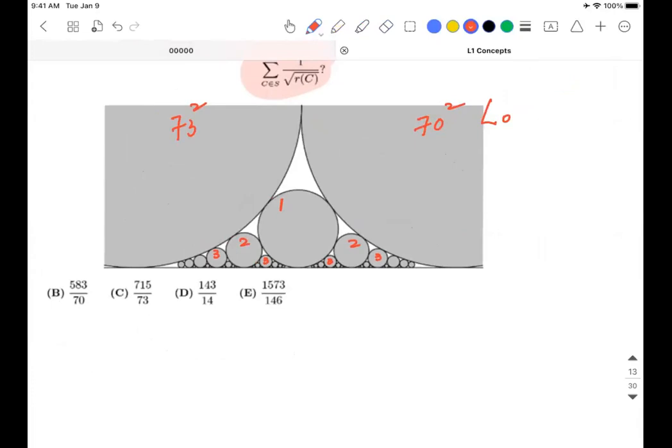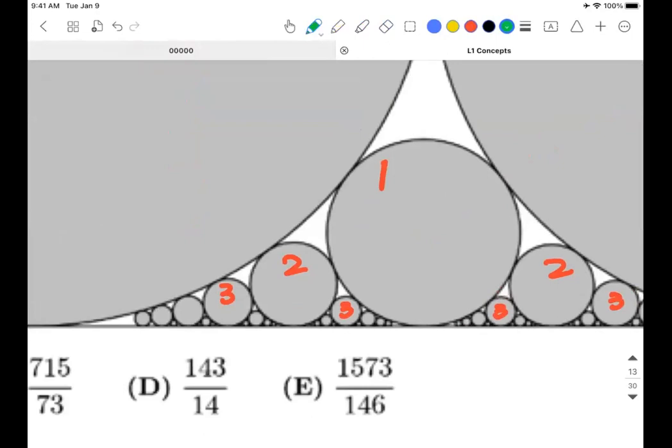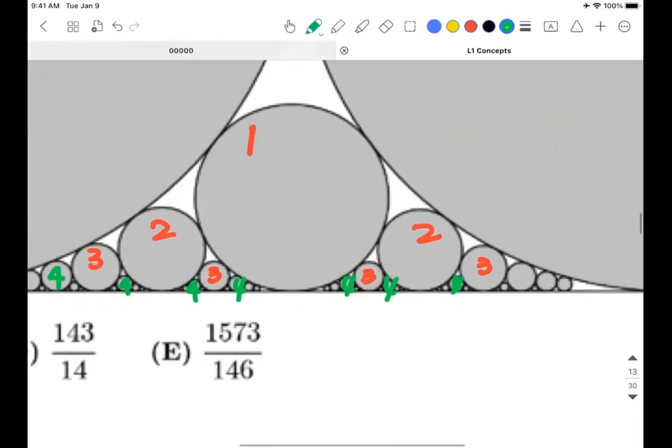Then the question says you need to find all those circles' radii, do such a 1 over square root calculation, and add everything together: layer 0, layer 1, layer 2, all the way to layer 6. The more you write, the more circles you get.